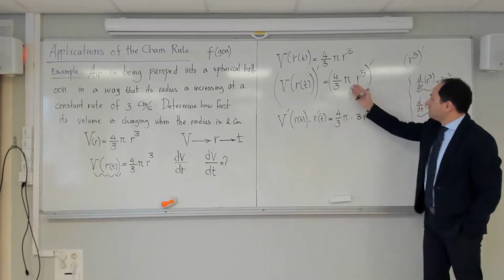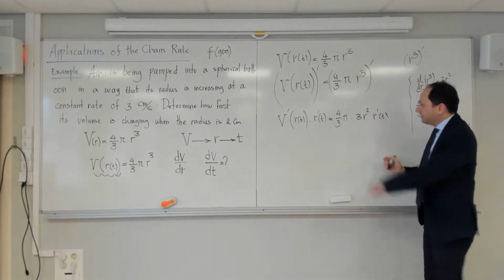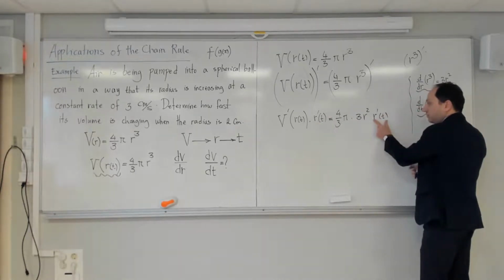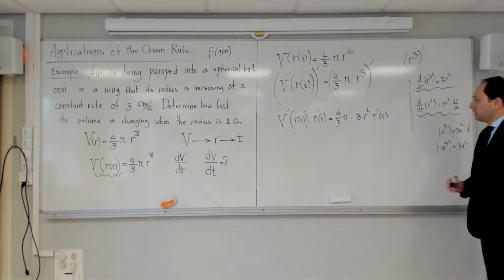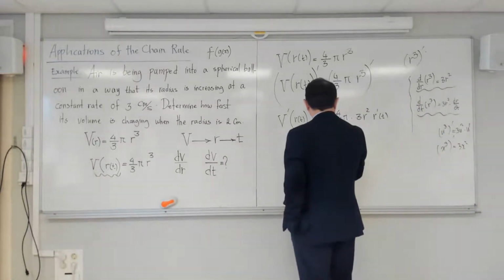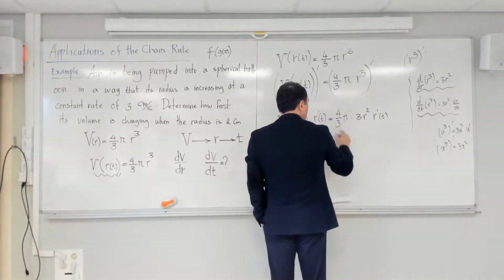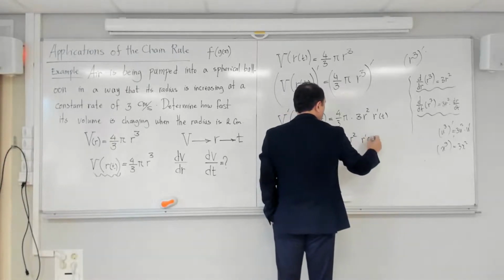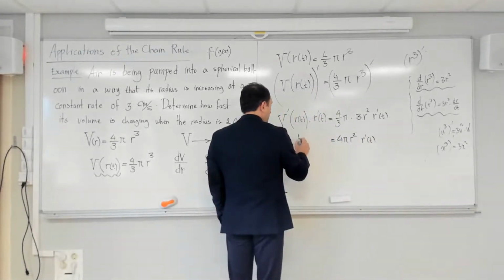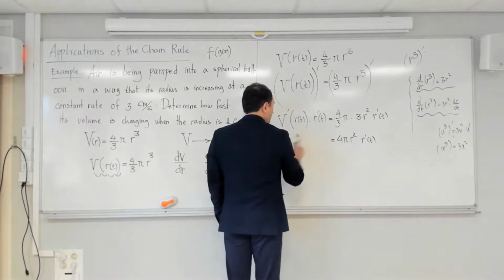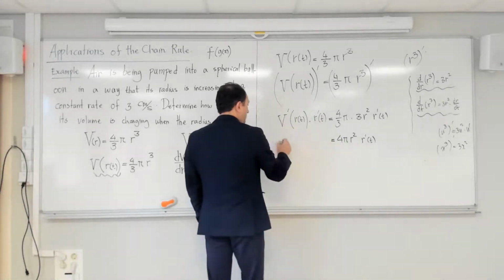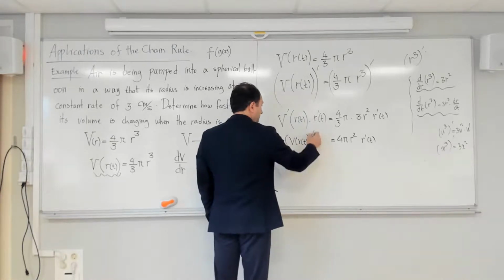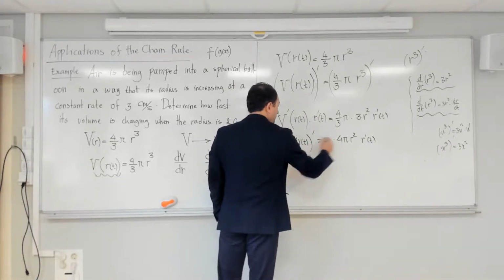You take the derivative of this, it becomes this, and the chain rule itself reminds you, don't forget to multiply it. So then let me write it here. This becomes 3 and 3 are cancelled, so it becomes 4r squared, r prime of t. And this is the derivative of v with respect to time. This is the equality.